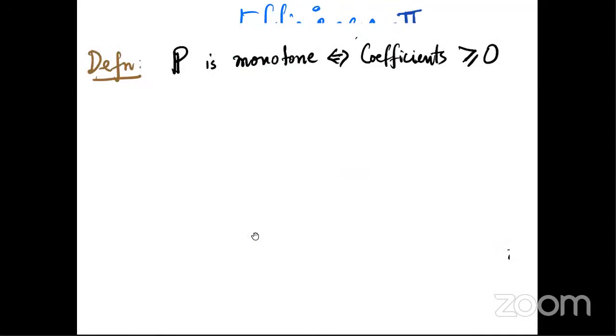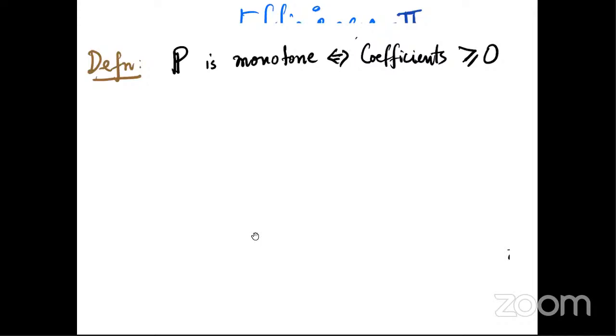And now I want to come to the topic of this talk, which is basically about monotone computations of monotone polynomials. So the permanent that we just saw is an example of a monotone polynomial, which means that all the coefficients of the monomials of the polynomial are non-negative. There's no negative number there.